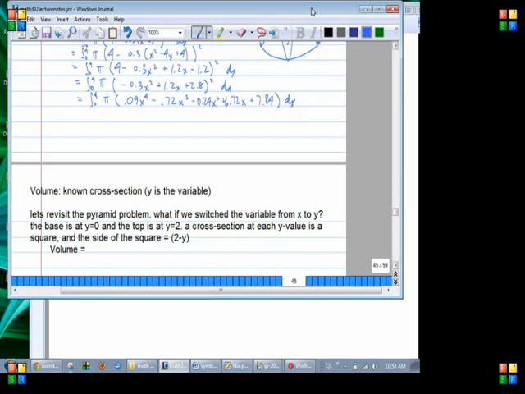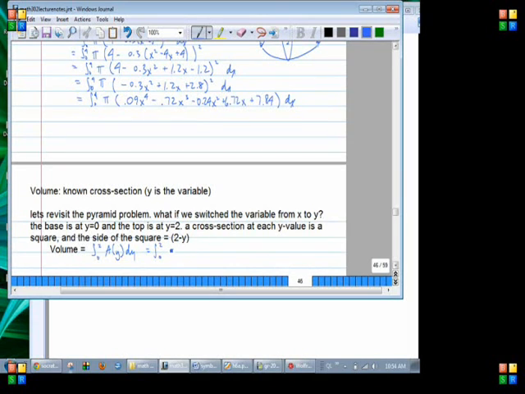So now how do you find the volume? You just do dy. Yeah. You do it, just like I said, everything instead of writing x, you write y. So the volume would be the integral from 0 to 2 of A of y dy. That's just going to be the integral from 0 to 2.